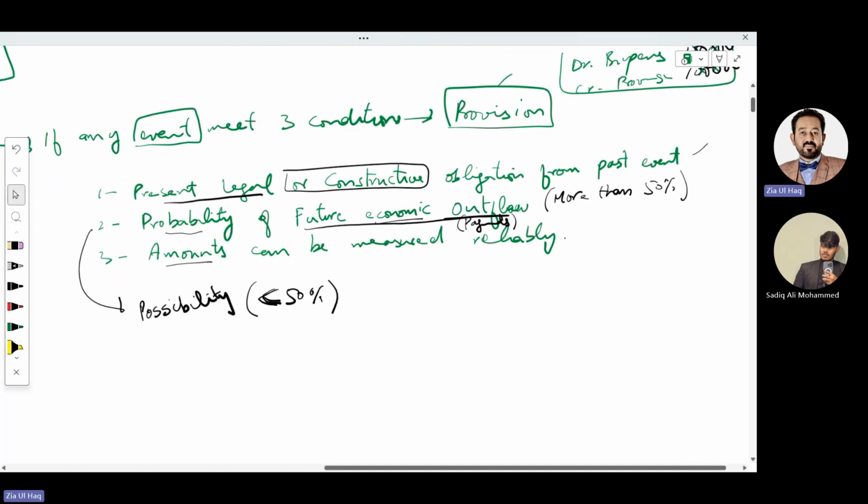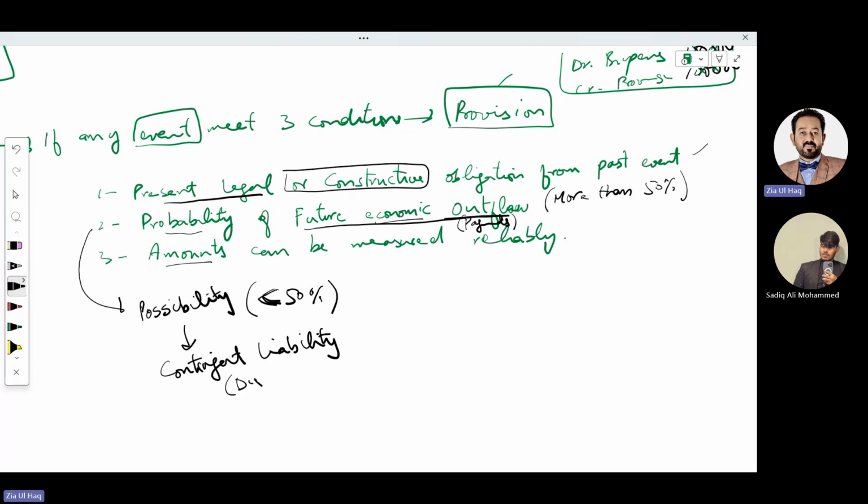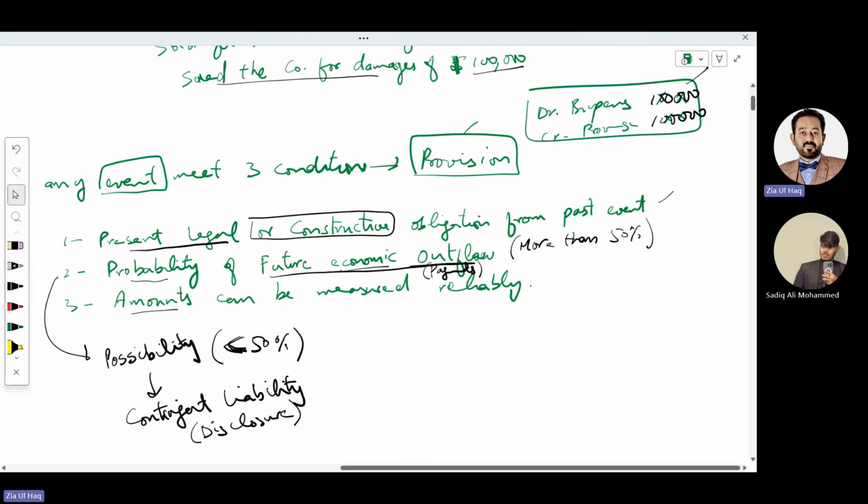If there is a probability, there should be a provision. If there is a possibility, in that case, there shouldn't be any provision. In that case, it will be considered a contingent liability, meaning there should be only a disclosure in the financial statements, no need for an accounting entry of provision. When should a provision be recorded?